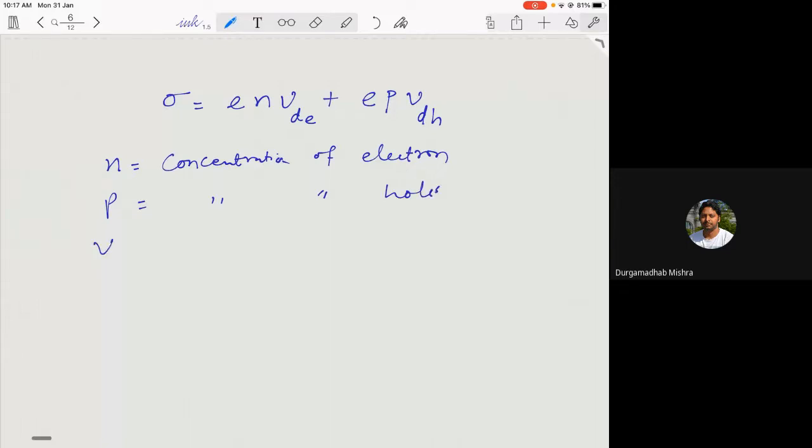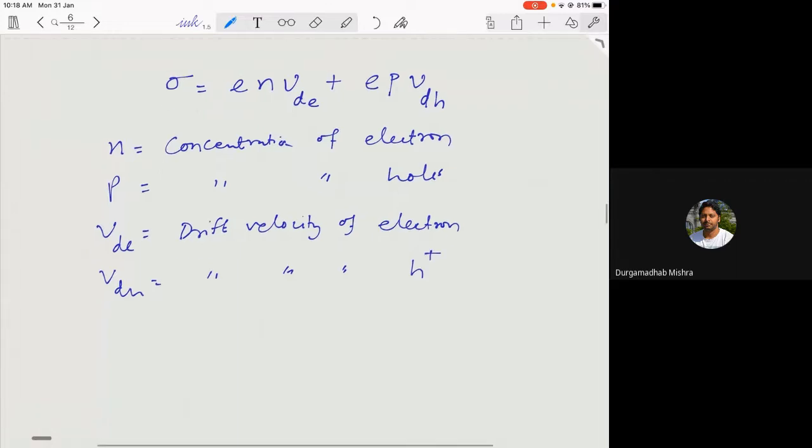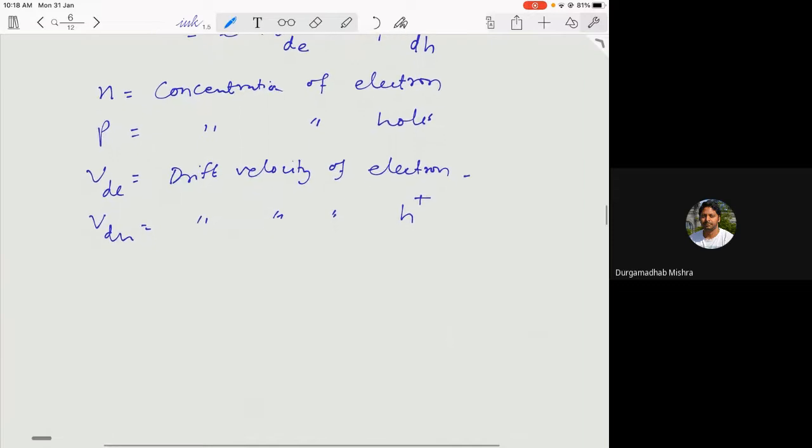So this is the drift velocity of electron, and v drift here is the drift velocity of hole. This drift velocity will be related to your mobility, something like this.